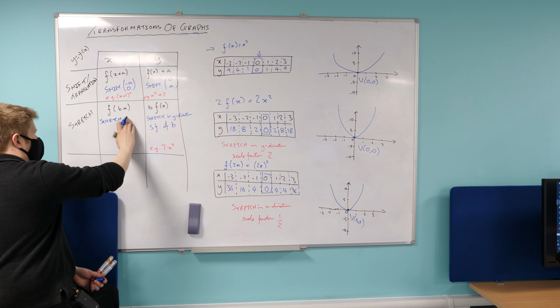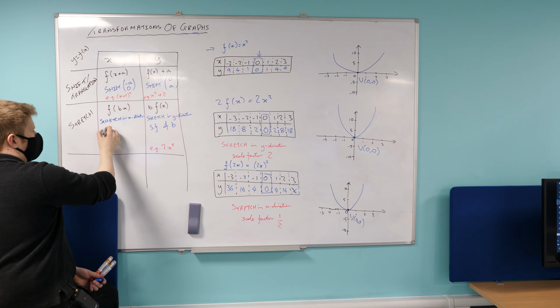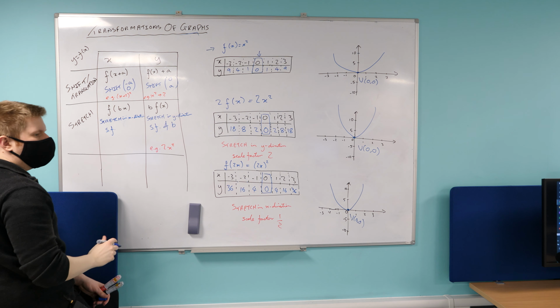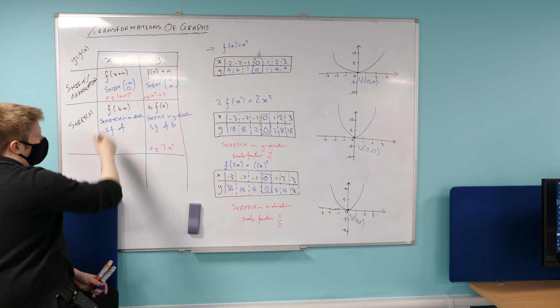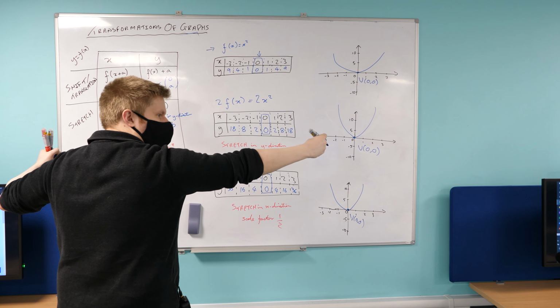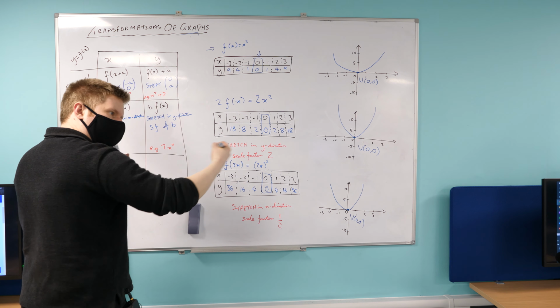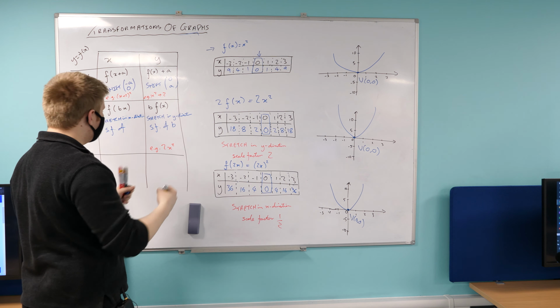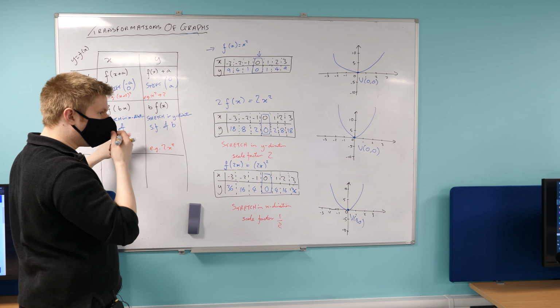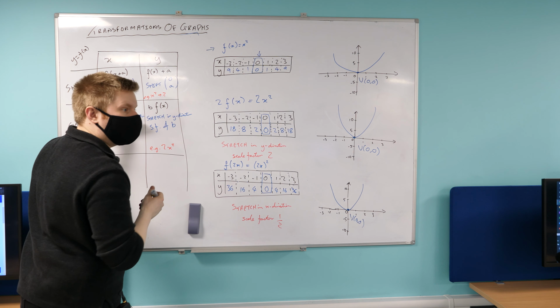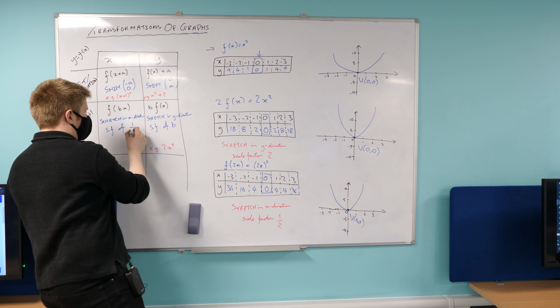So stretch in the x direction. But this time the scale factor, SF for short, is not going to be b. It's not going to be pulled outwards by b units. It's going to be pushed inwards by b units. So it's going to be a scale factor of 1 divided by b. So it's going to be dividing by b instead. So 1 over b.